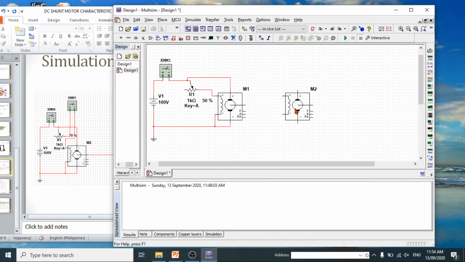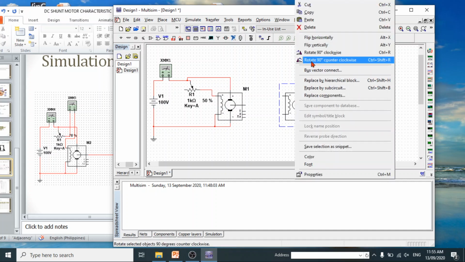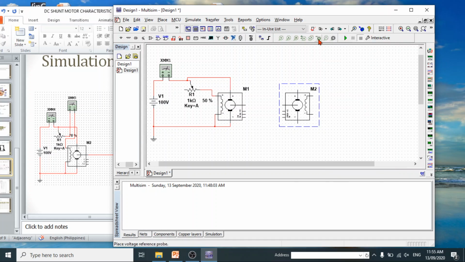Click close. The input of the DC generator is torque, so we need to flip this one. The mechanical torque coming from the DC shunt motor will be given to the DC generator. So we can right click and choose flip horizontally.